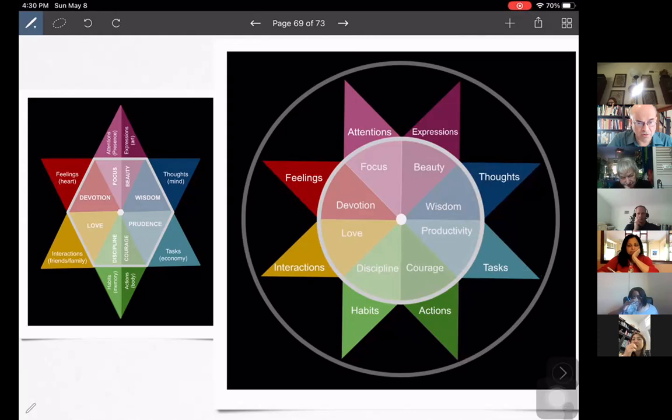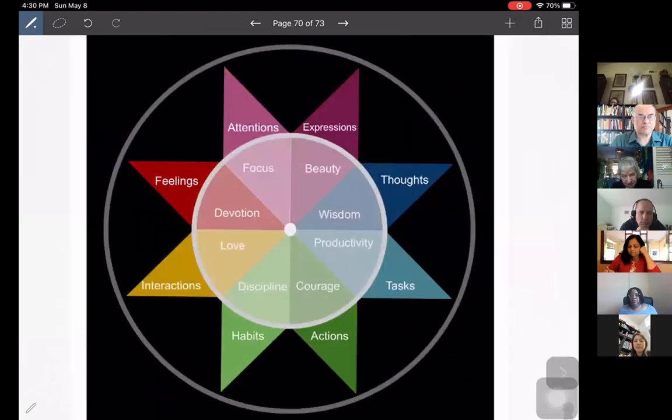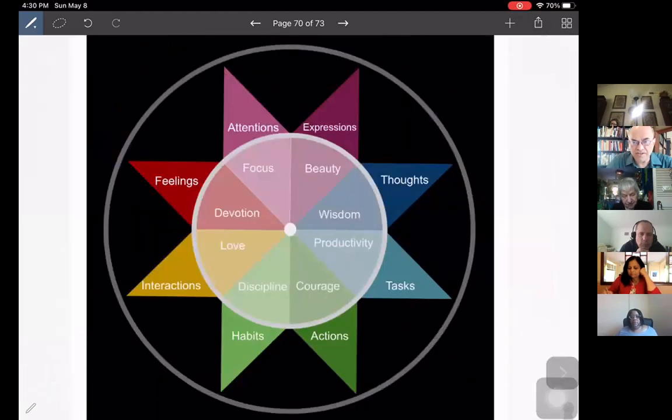Wonderful. So now let me go to the second point about this diagram. And this is again thanks to Louis Sullivan. What is the diagram? The best formulation that I've come up with is that this is a mirror.